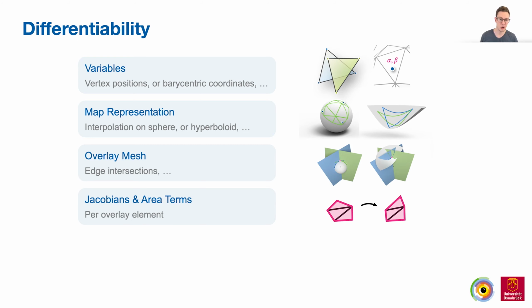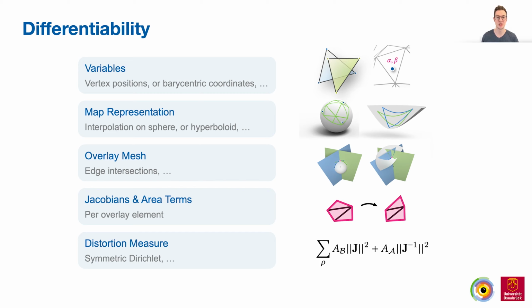Then we compute the Jacobians and area terms, and then finally we plug these into a distortion measure. So there's a lot going on here, and the big task is to design all these steps such that they are differentiable, meaning that we can compute the derivatives of our final distortion measure at the end of this chain with respect to the variables at the very beginning of this chain.